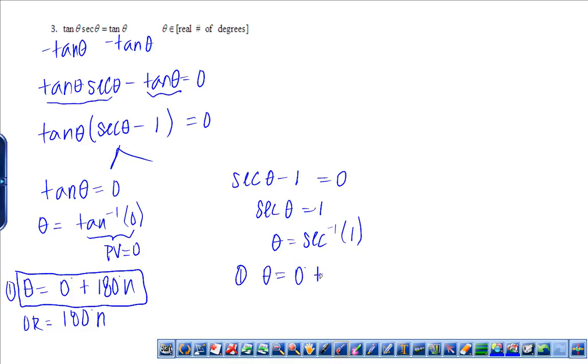And since we're looking at cosine, that is going to be 360 degrees n. It looks like no matter what we do here, we're still going to get 0 degrees. It's still going to be 0 degrees plus 360n, like I said. And if you wanted to, you could go ahead and just say theta is equal to 360 degree n.